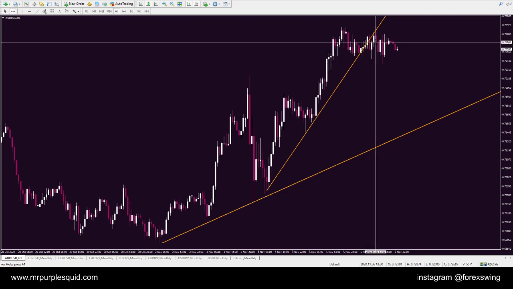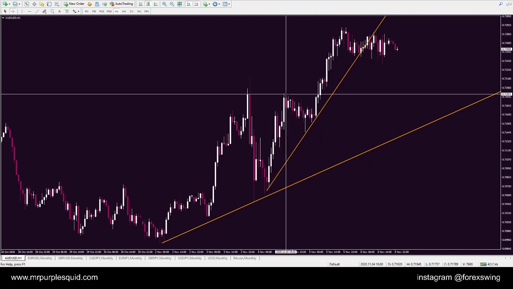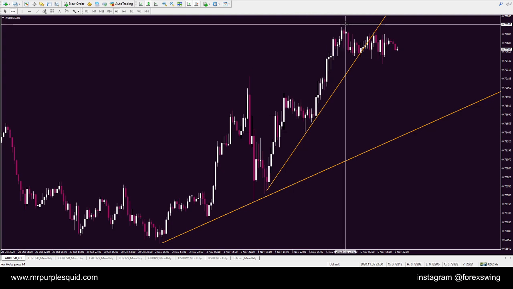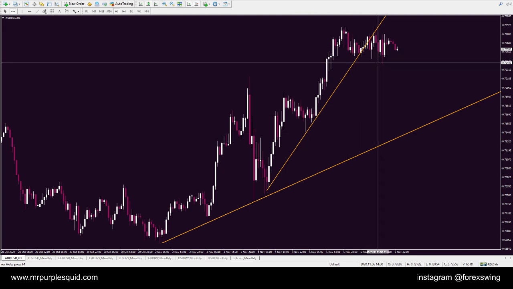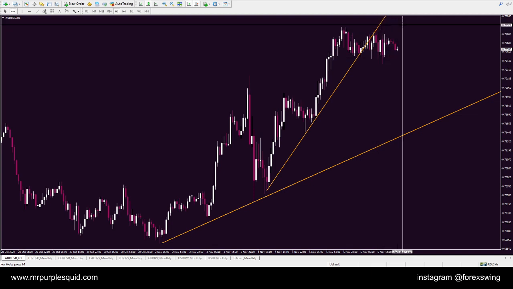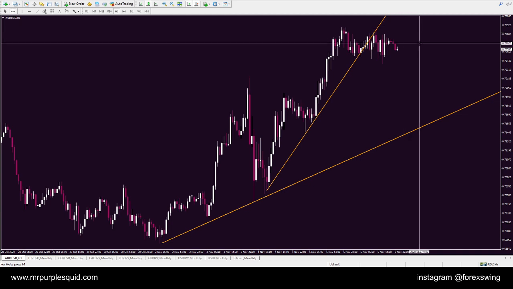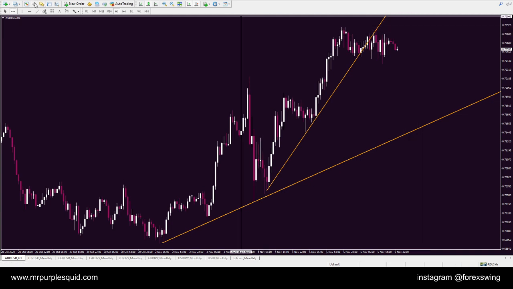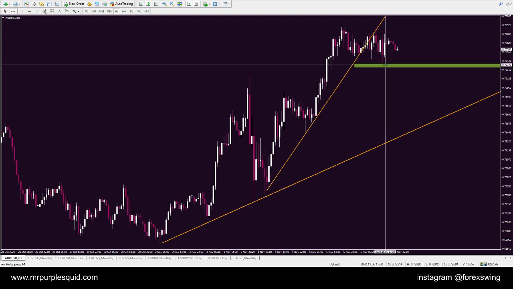Price has made a low, a high, a low, then a high, and we are waiting to see if this is a higher low, and then if we're going to make a higher high. For me this week, I would definitely be interested in taking a sell if I get a strong break below this low.